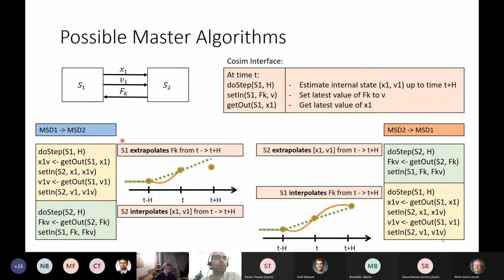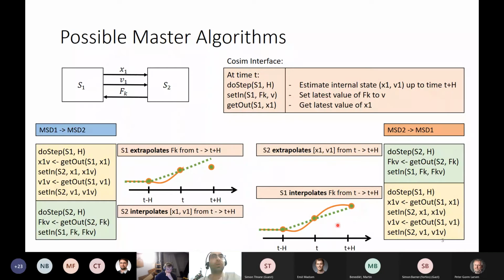So this correlates with what Simon was presenting before. On the other hand, the second FMU to go forward is the lucky one because that FMU will have access to the input at the time t plus h because the other FMU has already stepped into that time, and so it can do an interpolation. And generally, doing interpolations is better than doing extrapolations.